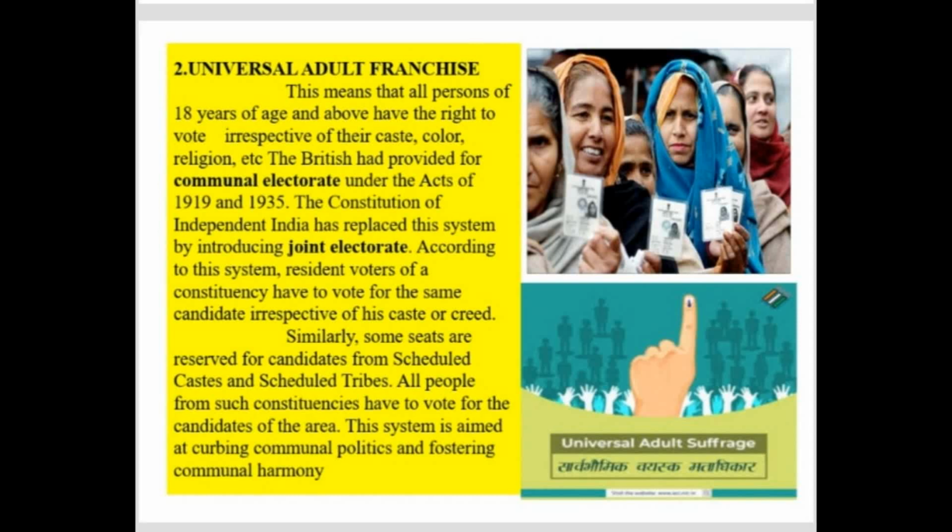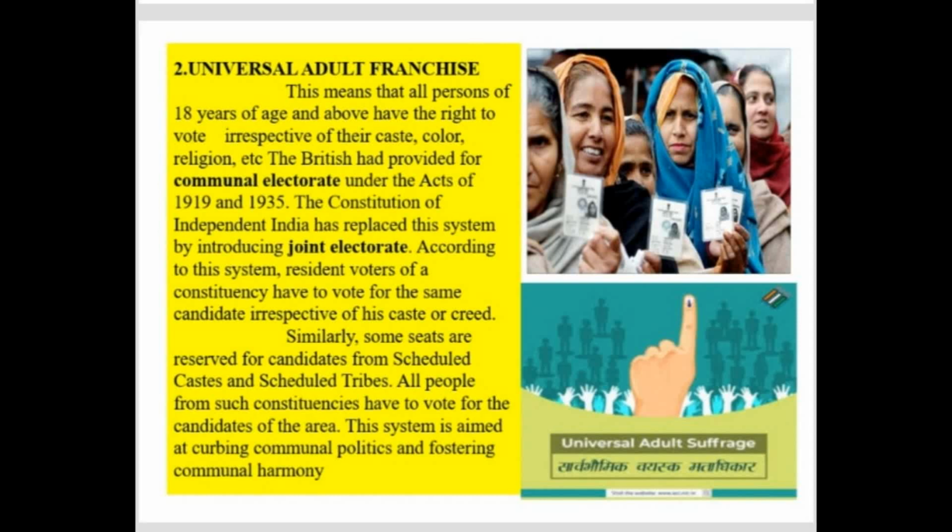What do you mean by universal adult franchise? This means that all citizens of this country who are above the age of 18 years are entitled to vote. As we are saying that our country is a democratic republic, that means in our country the majority of people will vote and decide their representatives or governments.